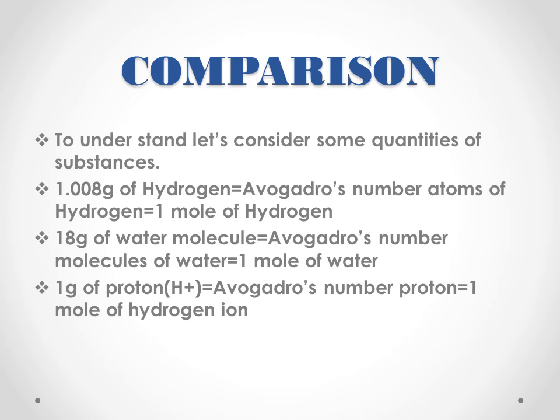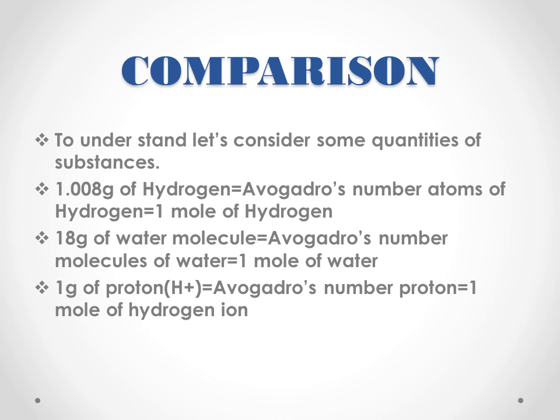Now move to the next, 1 gram of proton. Proton means hydrogen carrying a positive charge, and it gains a positive charge when it loses its electron. Now it means 1 gram of protons is equal to Avogadro's number of protons. In the previous ones, you saw Avogadro's number of atoms and Avogadro's number of molecules of water.